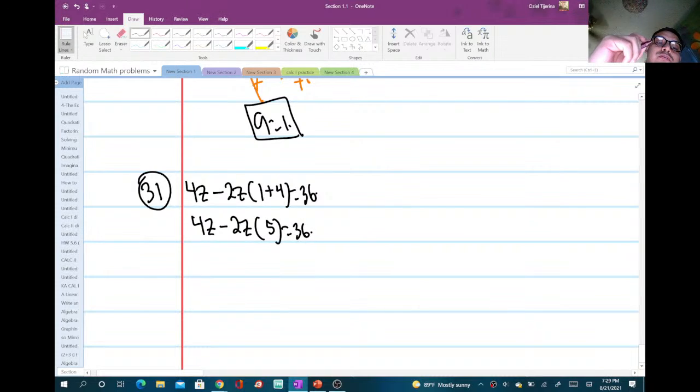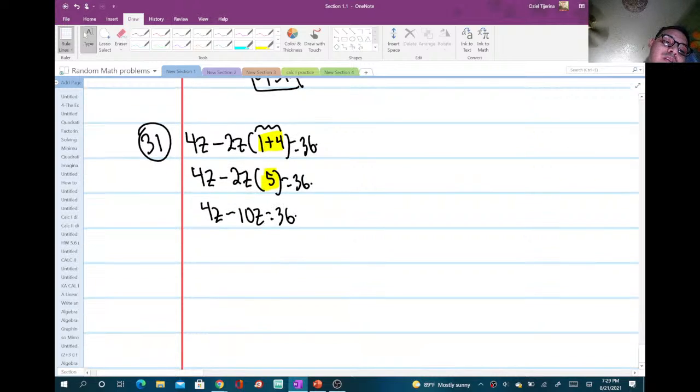The parentheses just turn into 5, right? And then you have 4z minus 2z times 5 equals 36. So then you have 4z minus 10z equals 36. Then you just combine like terms.